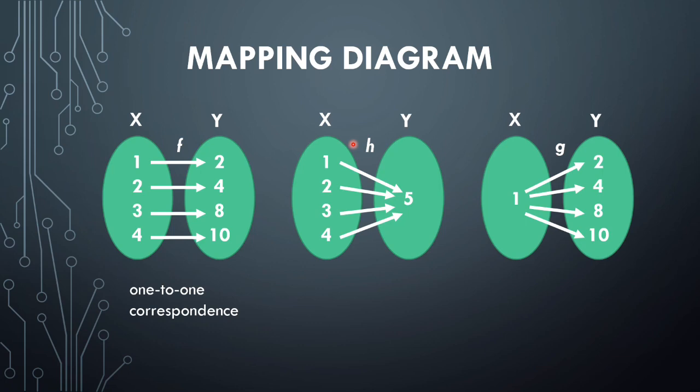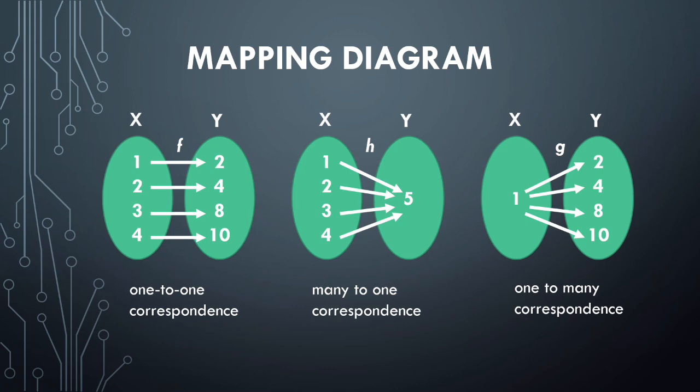The next diagram reads as 1 to 5, 2 to 5, 3 to 5, 4 to 5. This is an example of many-to-one correspondence. The third diagram reads as 1 to 2, 1 to 4, 1 to 8, and 1 to 10.